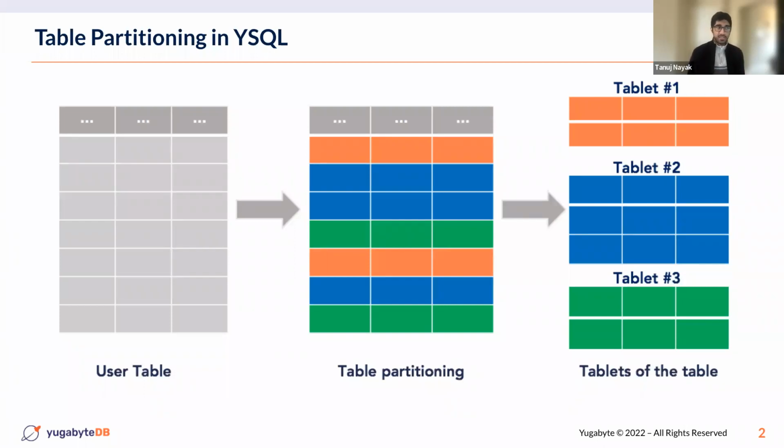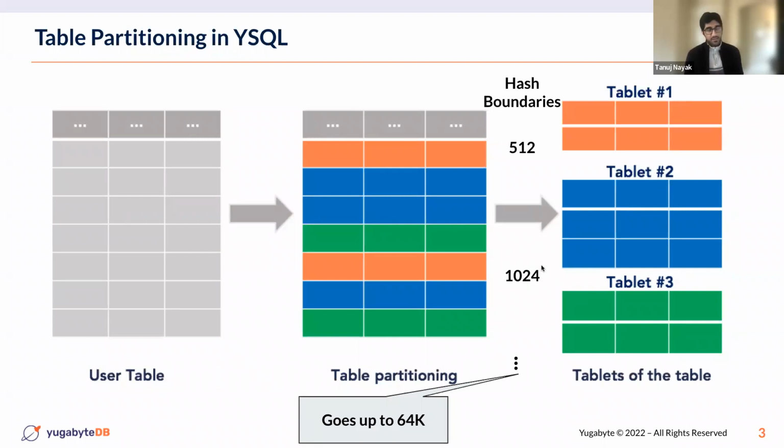The question we'll be diving into in this talk is how rows are divided into these various tablets. How do we decide which row from a table goes to which tablet? To the untrained eye, you might say clearly the orange rows go to the orange tablet, blue rows go to a blue tablet. But let's dive into further detail and see what makes a particular row go to what tablet.